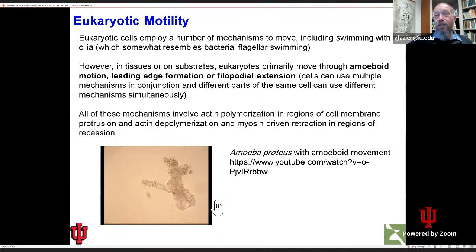And you see these other cells swimming around the amoeba here. But the cell could actually actively protrude its membrane. And to do that, it typically uses cytoskeletal machinery, in particular actin cytoskeleton, to do protrusion.